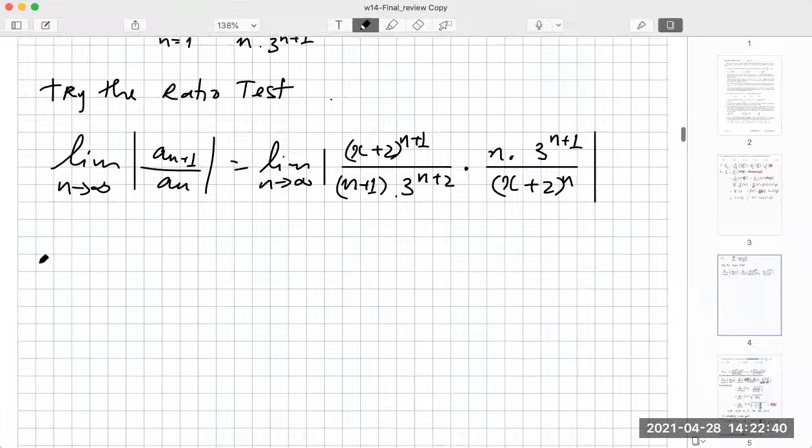Okay, so the limit becomes, we cancel the like terms.